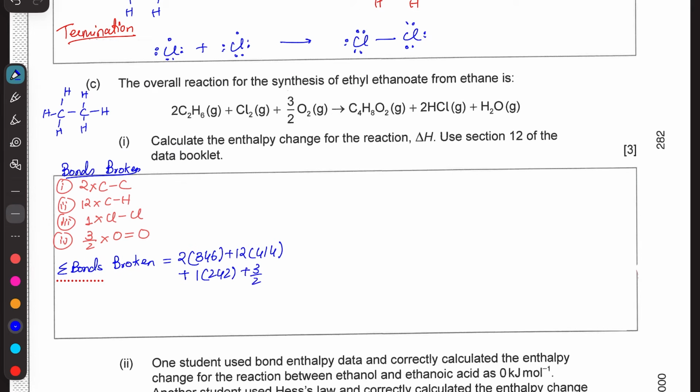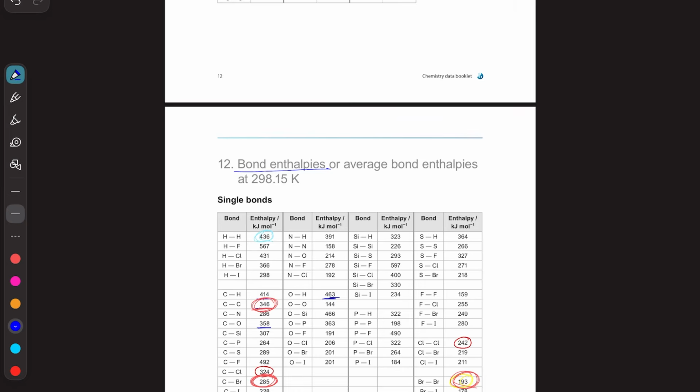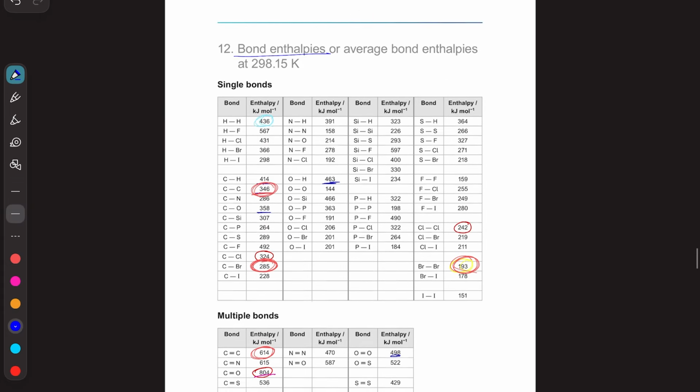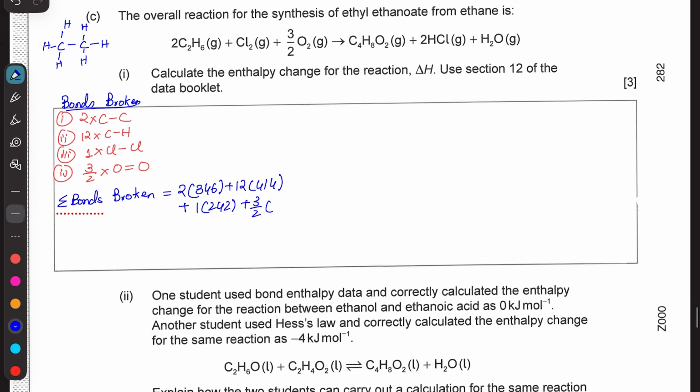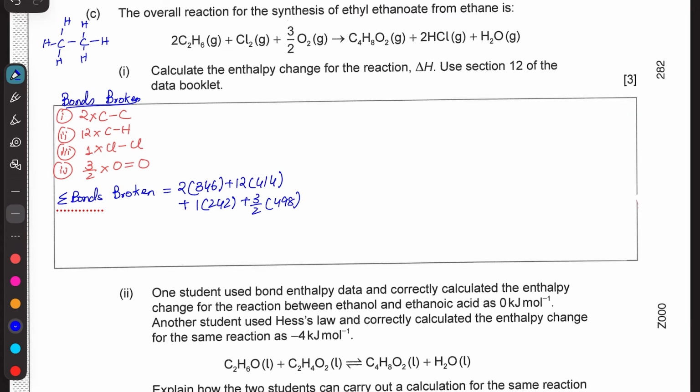And O double bond O, right? I think this should be, yeah, 498. If I add everything up, I'll get 6649. This is the total energy required to break the bonds. And then we need to find the list of the bonds formed.